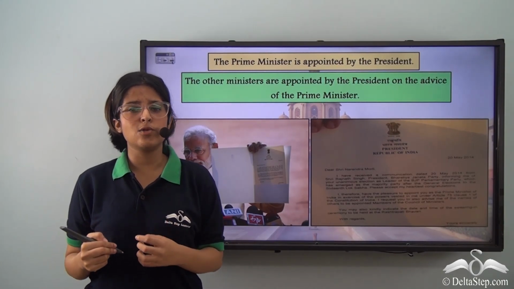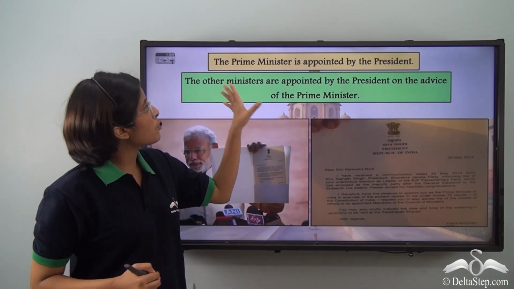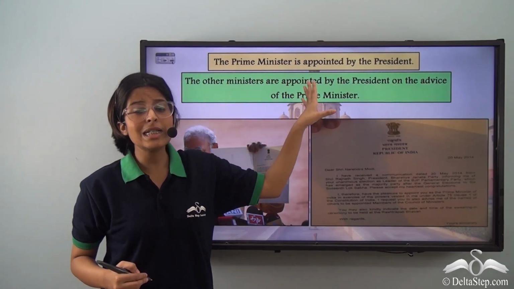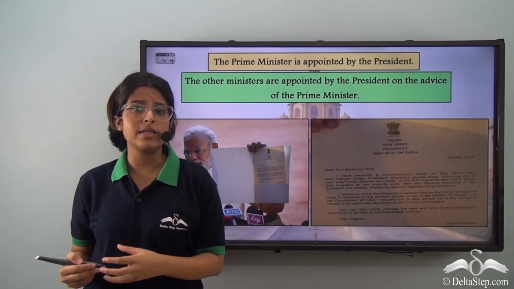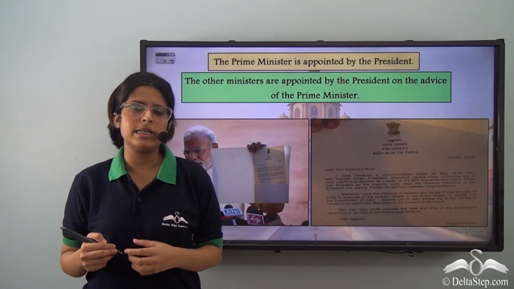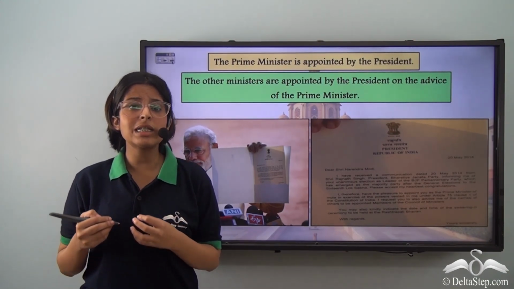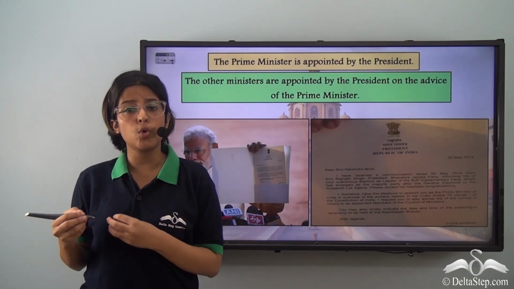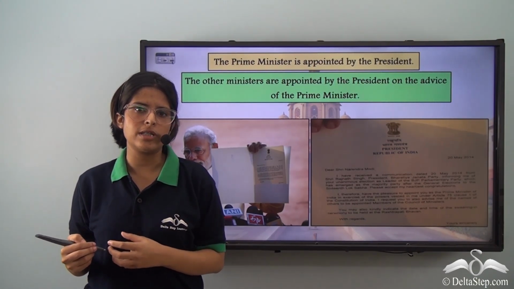The second executive power is that the Constitution says that the Prime Minister shall be appointed by the President, and all the other ministers are appointed by the President on the advice of the Prime Minister. But in reality, the Prime Minister is the leader of the party or the coalition that gets the majority support in the general elections.